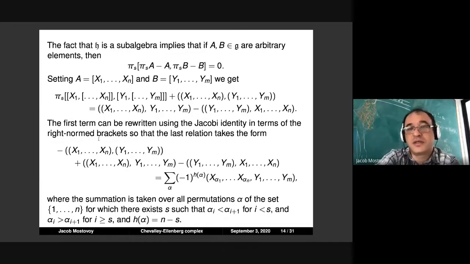If we have a subalgebra, then the Lie bracket of two elements of the subalgebra lies in the subalgebra again, and this is expressed via the fact that the projection equals 0. So here we have an identity.